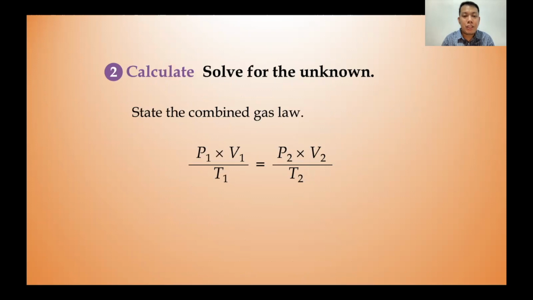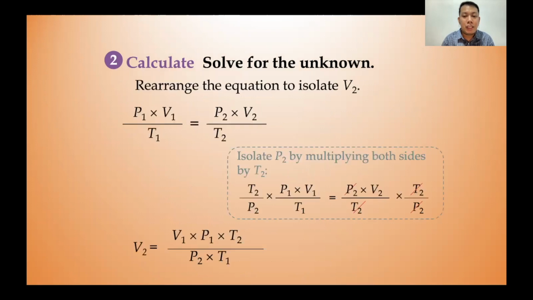And then you have to state the combined gas law. And then you have to isolate V2, not P2. Isolate V2 by multiplying both sides by T2.